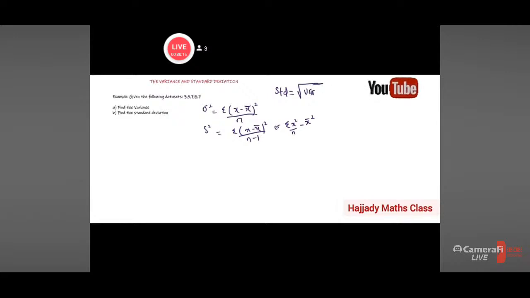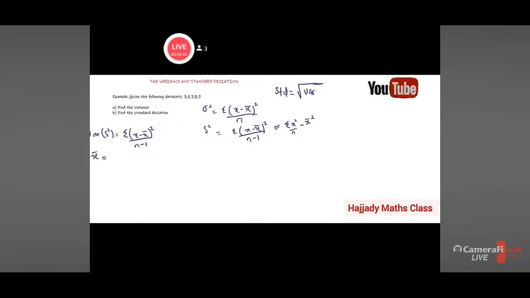Now, since we are calculating the variance, let me use s squared. Let's use the first formula: summation of x minus x bar all squared over n minus 1. So we need to calculate our x bar first, which is the mean. In our previous video, we showed how to calculate the mean.